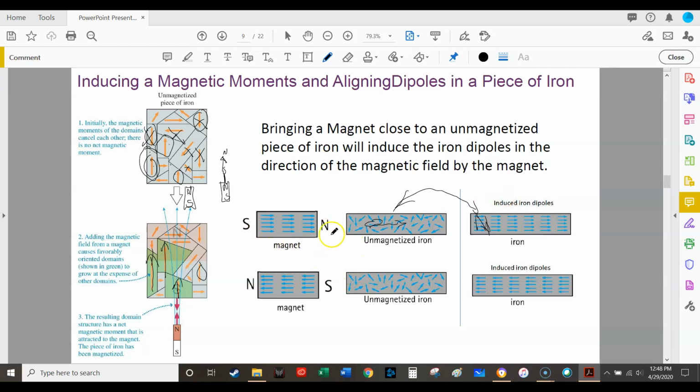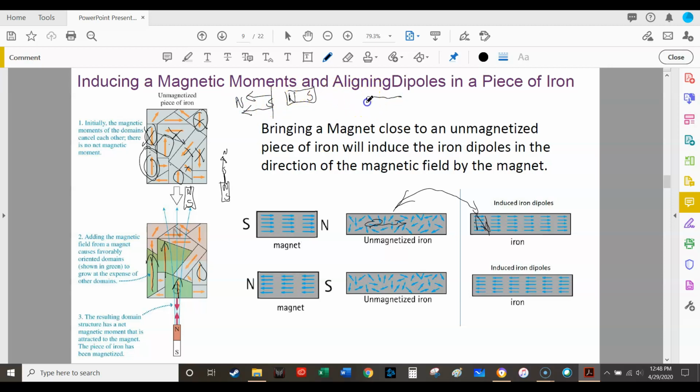The cool thing about it is this: if you have a refrigerator right here, and you bring the north side of a magnet close to that refrigerator door, it's going to induce, and that's what it means by elongating those dipoles, dipoles pointed in the same direction that the magnet is pointed, right?